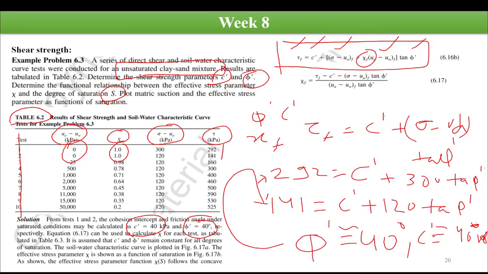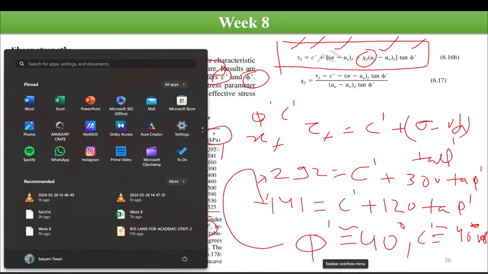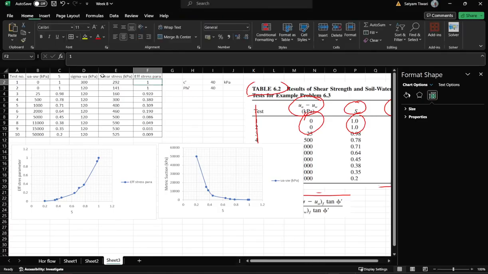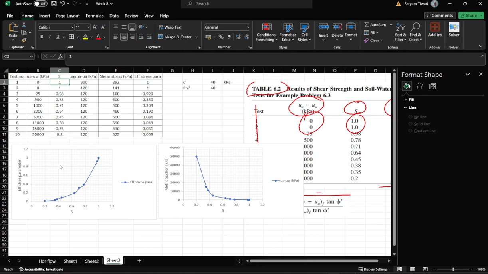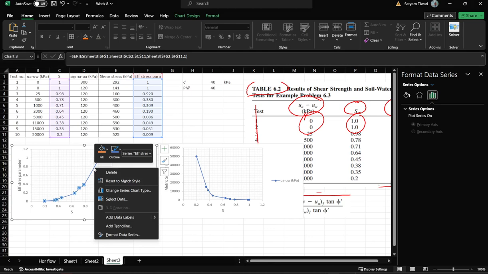So to determine the functional relationship between this effective stress parameter and the degree of saturation, what we'll do is that in this plot where we have plotted all the values, we'll fit a curve maybe. Okay, so let's do some curve fitting.